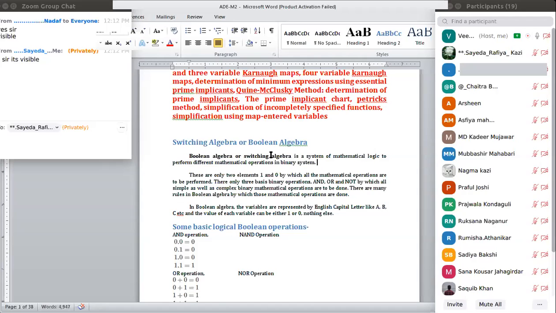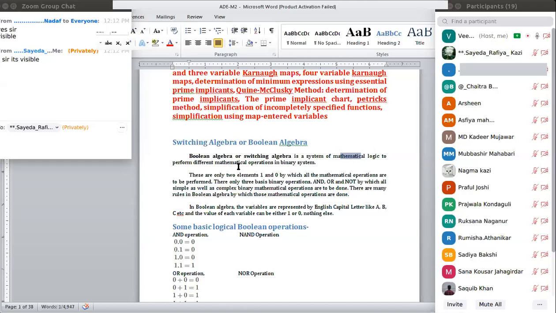In the beginning classes also, I have discussed this, right? We have discussed number systems like decimal, hexadecimal, octal, or binary number system. So here a binary number system is an approach to solve mathematical logic operations.